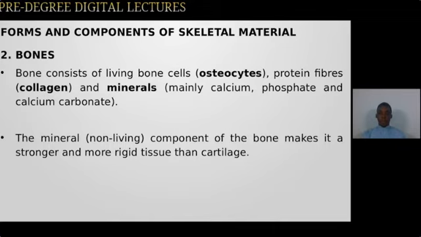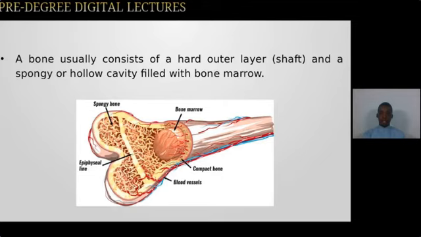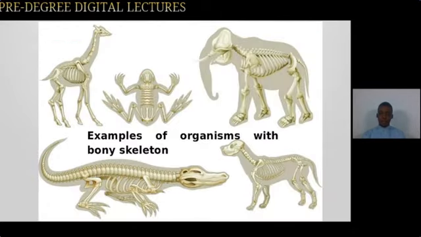The presence of the non-living component, or minerals, fortifies bones and makes them stronger and more rigid than cartilage. That's the structure of a bone there, and it consists of a hard outer layer, or shaft, and a spongy or hollow cavity filled with bone marrow on the inside. Structure of a typical bone. Here are examples of organisms with bony skeleton.